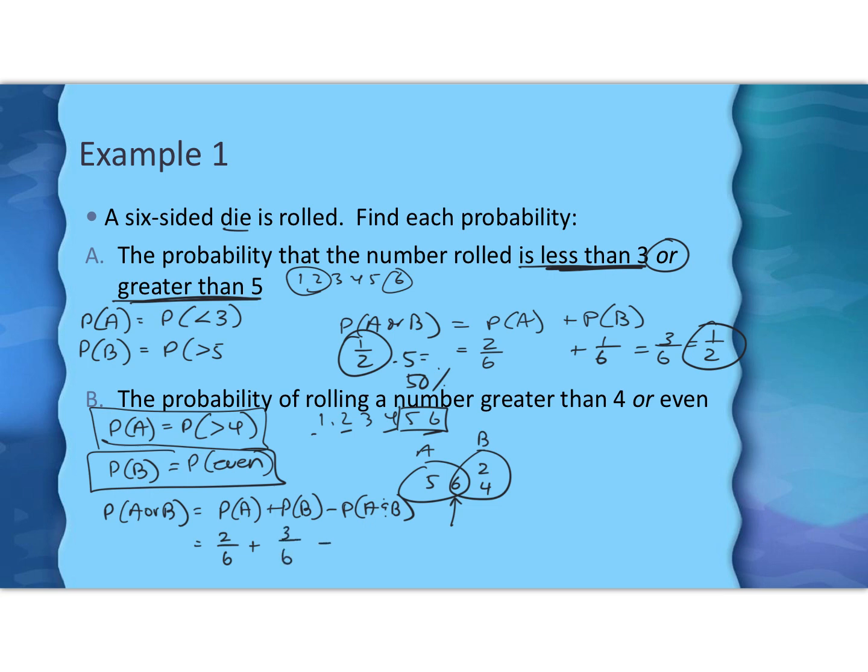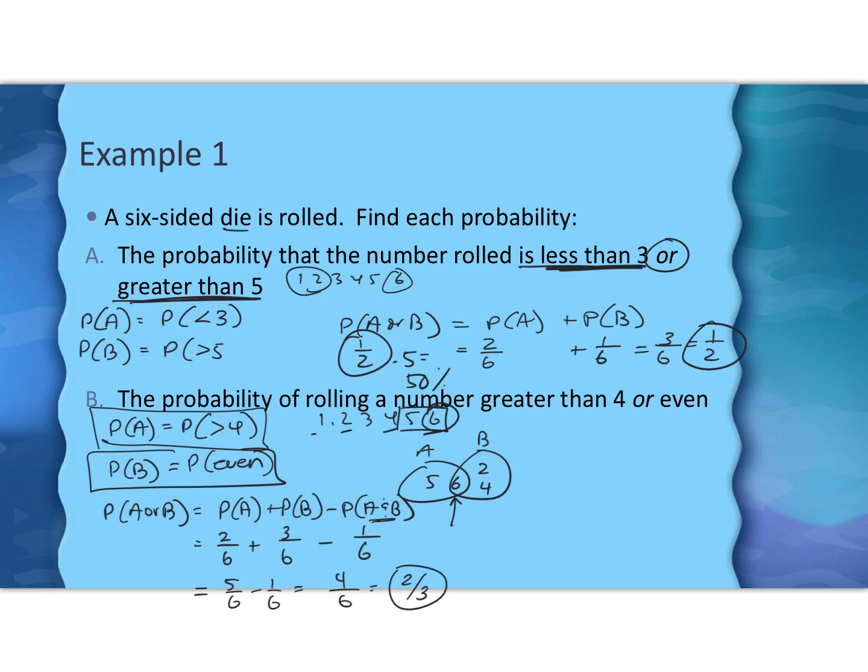And so now I have to find the probability of finding a number that's greater than 4 and even. Well, there's one number that's greater than 4 and even, so it's 1 out of 6. And so when I do the math here, I'm going to find that 2/6 plus 3/6 is 5/6 minus 1/6 is 4/6 or 2/3.